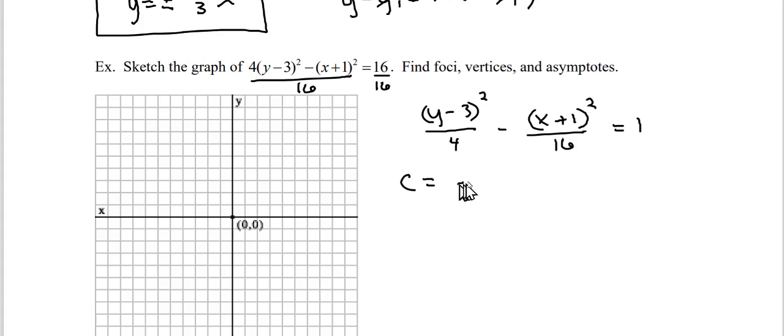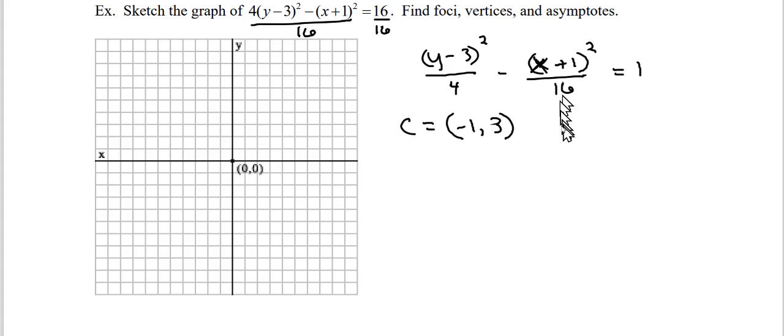First, I note that the center is -1, 3. Be careful here. It might be easy to say 3, -1. The x coordinate of the center goes with the x. Because the y is first, it opens, put quotes around that, up and down.